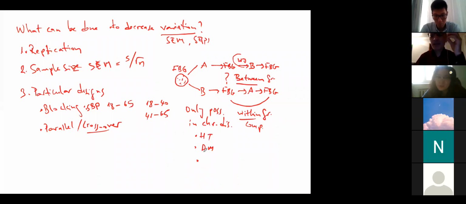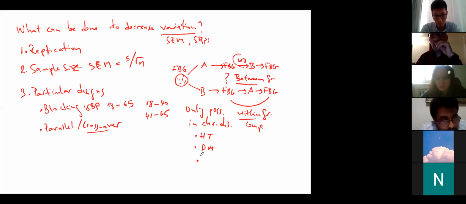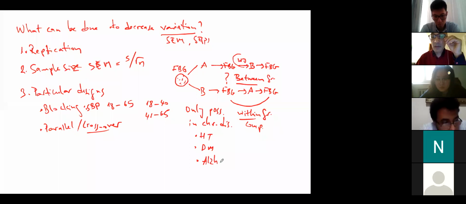Diabetes, hypertension, we already mentioned. HIV. Okay, Alzheimer's, very good. AIDS, maybe, yes, AIDS. Okay, COPD, chronic obstructive pulmonary disease.